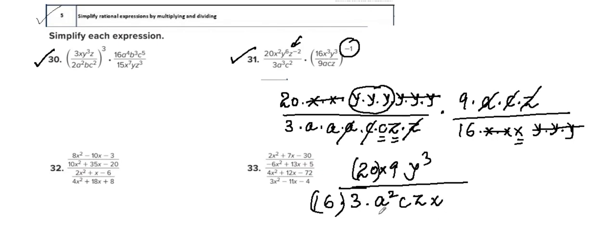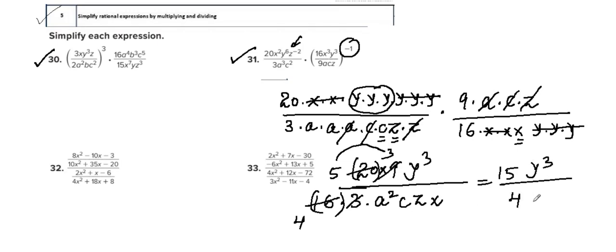So you can cancel out now. What is left? 9 divided by 3 is 3, and you can divide them with the table of 4: 4 4s are 16, 4 into 5 is 20. So 5 into 3 is 15 left up, and 4 y cube here, and a square. CZX is your answer.